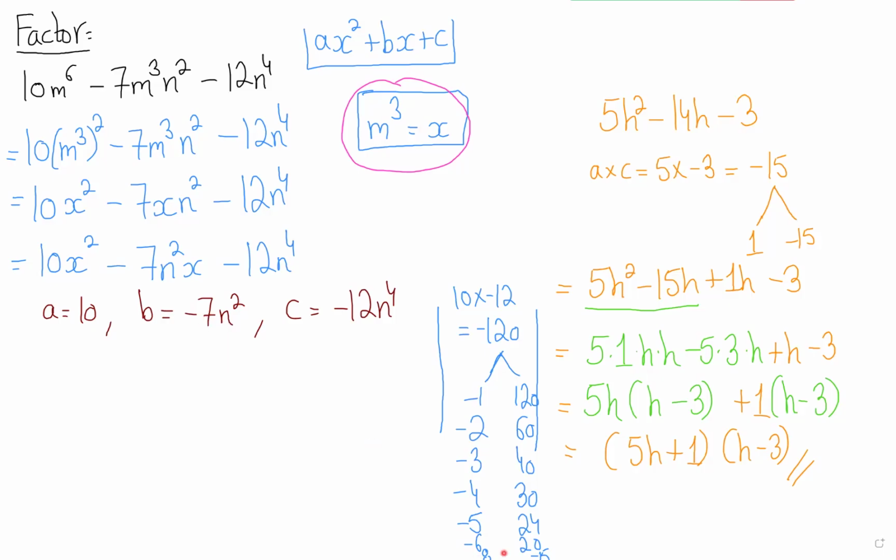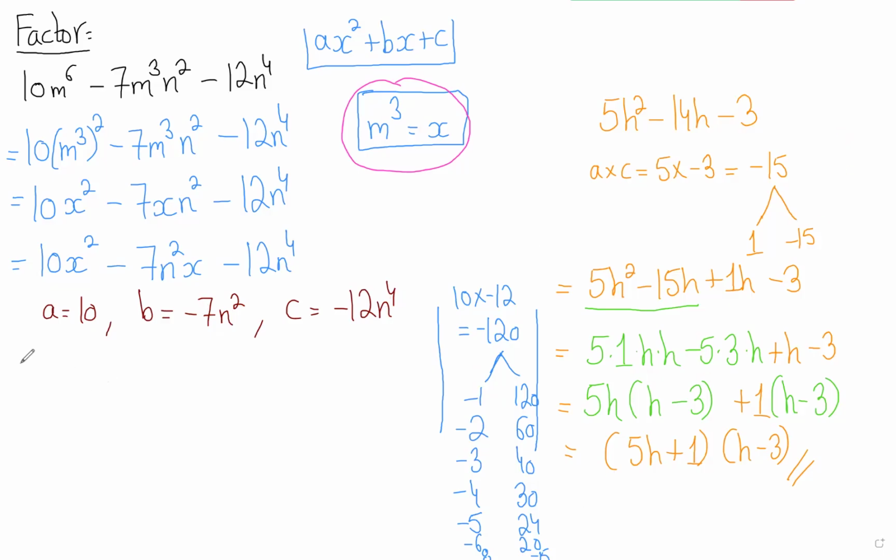So in this case, these factors work. 8 and negative 15 work because 8 plus negative 15 gives us negative 7, which is the b value without the n squared. And 8 times negative 15 gives us negative 120, which is a times c, again ignoring the n to the power of 4. Okay, so this works here.